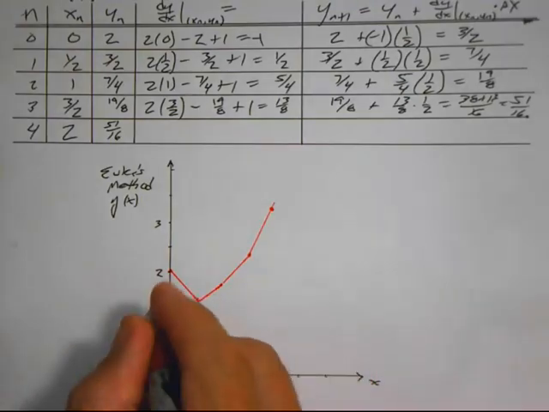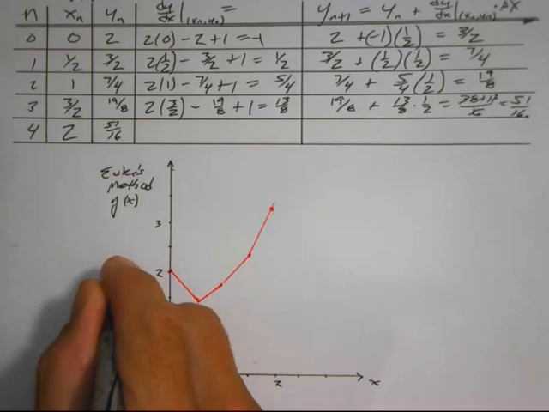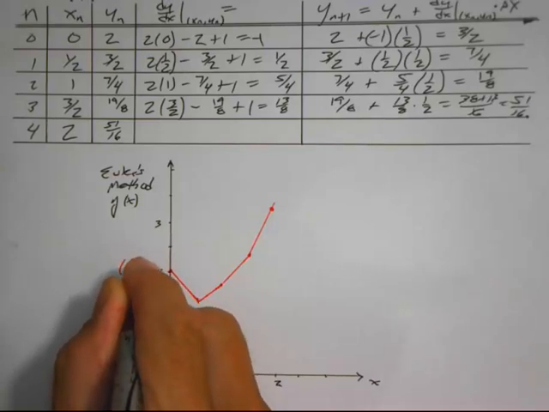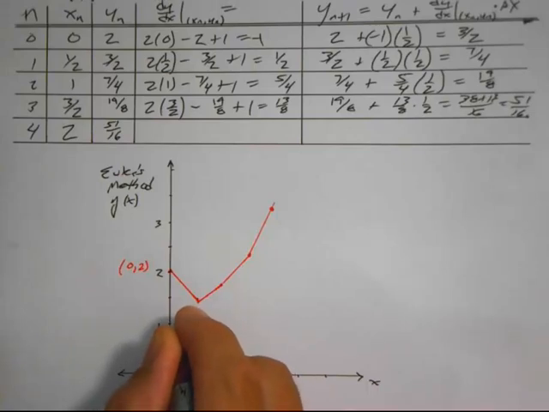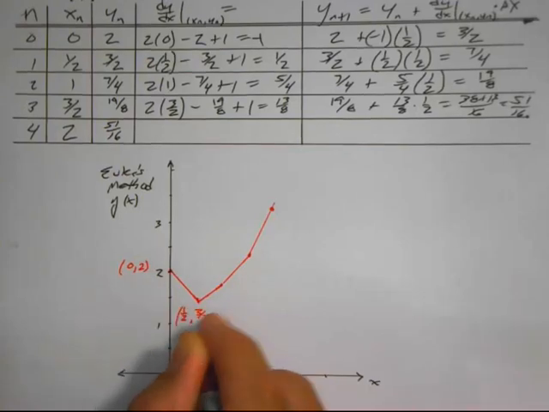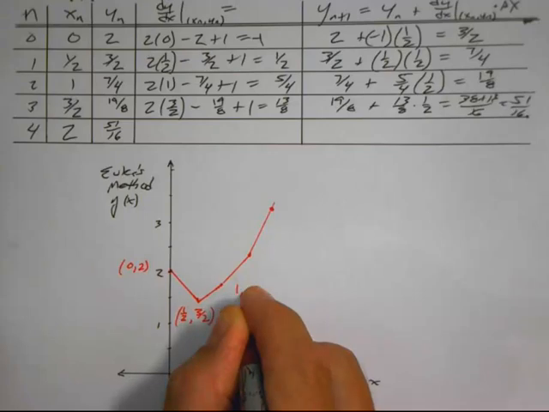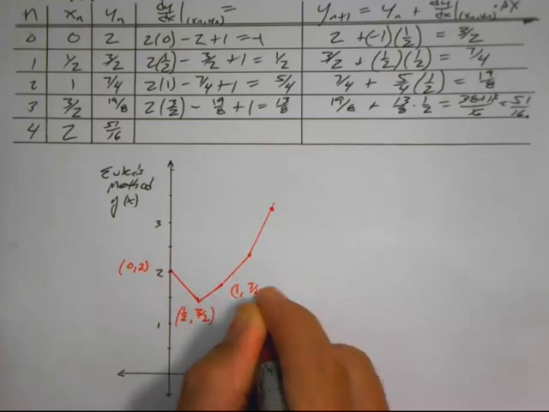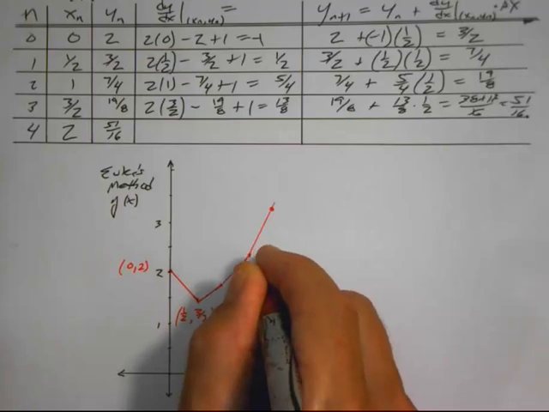Okay, and let's label these coordinates now that we see how to label without getting in the way of our graph. Here, 0, 2. Here, 1/2, 3/2. Here, 1, 7/4. Here, 3/2, 19/8.